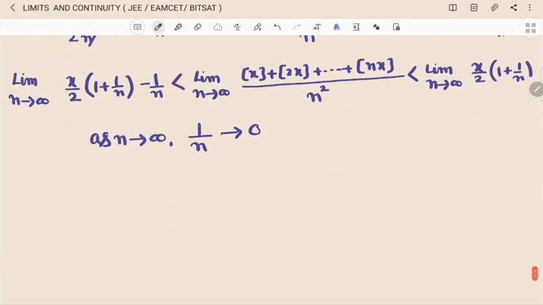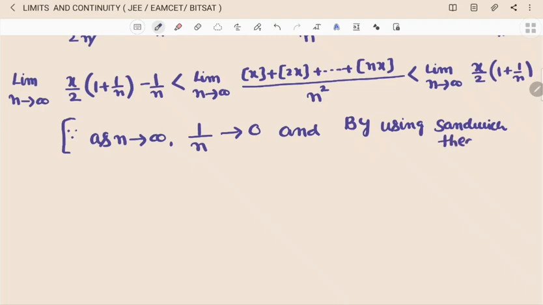So by using sandwich theorem or property. As n tends to infinity 1 by n tends to 0, no? So the rest of the terms, wherever 1 by n term, this term and this term goes to be 0.